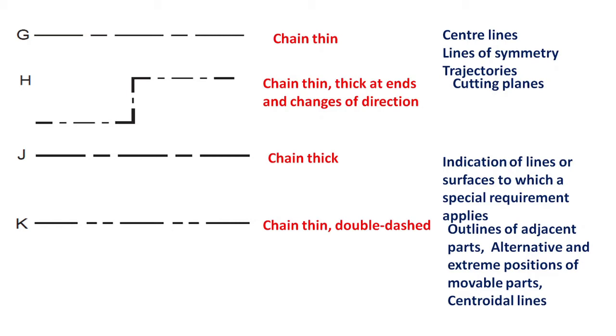The last one is chain thin double dashed: long dash, short dash, short dash, long dash. This type of line is used to represent outlines of adjacent parts, that is, the part connected here, or alternative and extreme positions of movable parts, as well as centroidal lines.